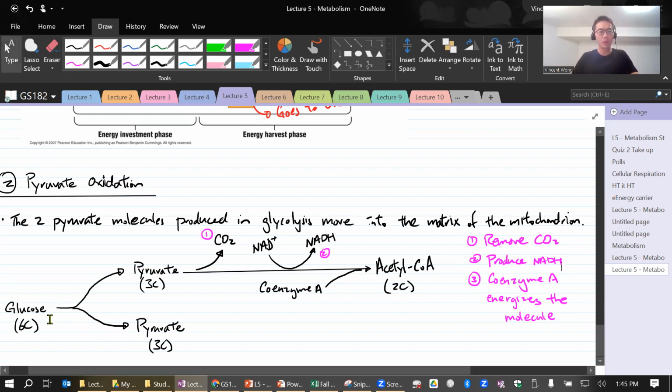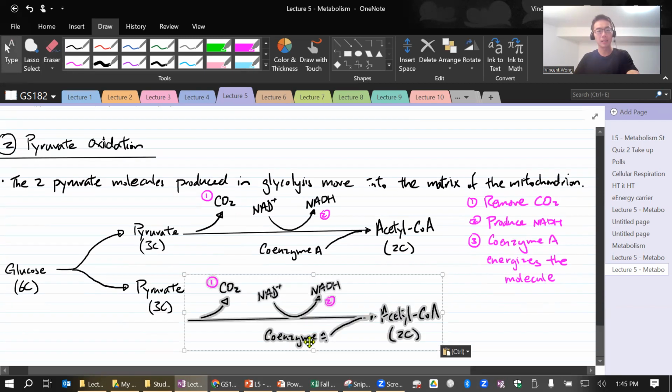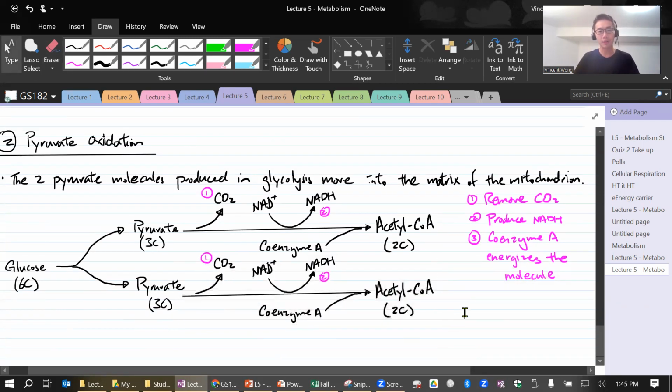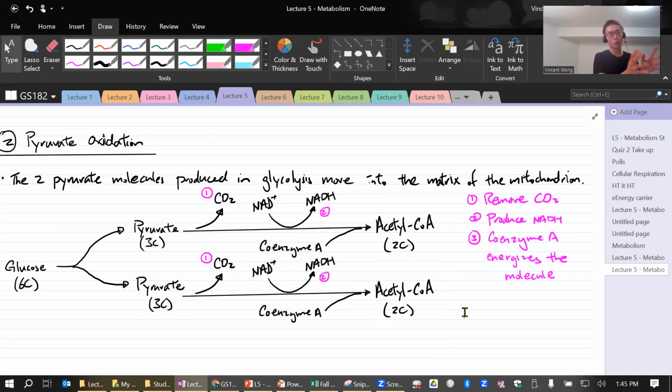All right. So this happens to both of the pyruvate. And that means for every glucose that we get, we end up having 2 acetyl-CoA. I'm gonna pause for a second, let you catch up with the notes.